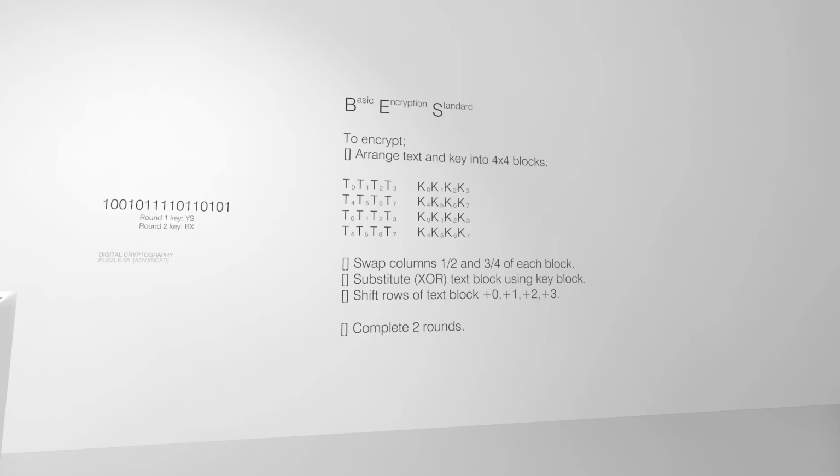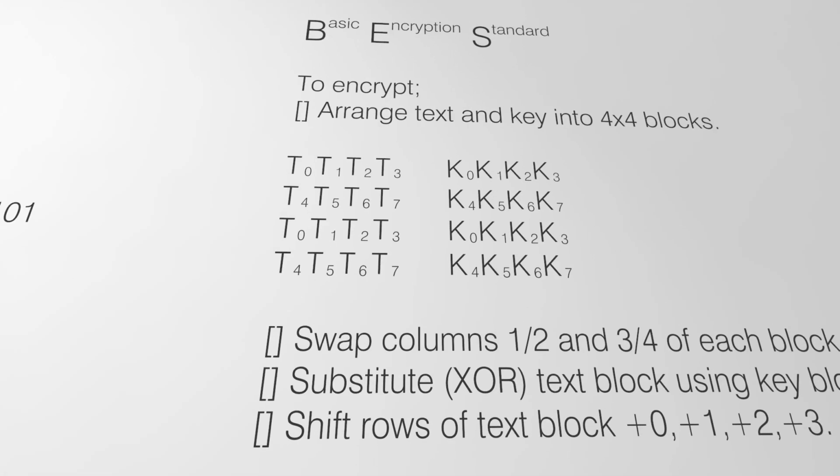But in the text 4x4, we have 0, 1, 2, 3, 4, 5, 6, 7, and then that again. But how many digits do we have here? 4, 4, and another 4, 4, right? 16.